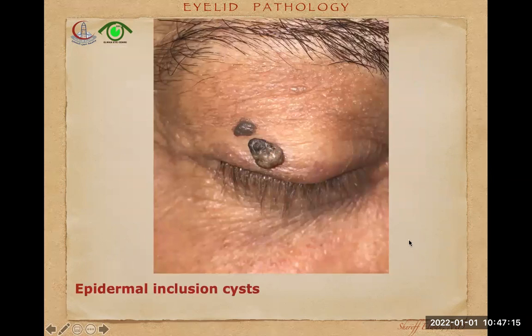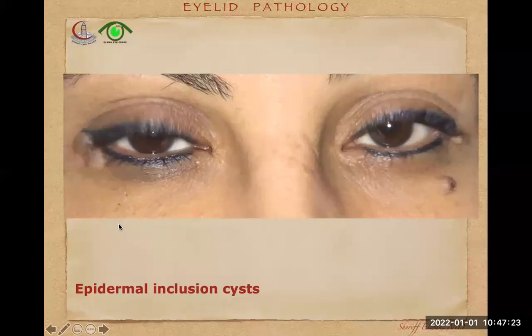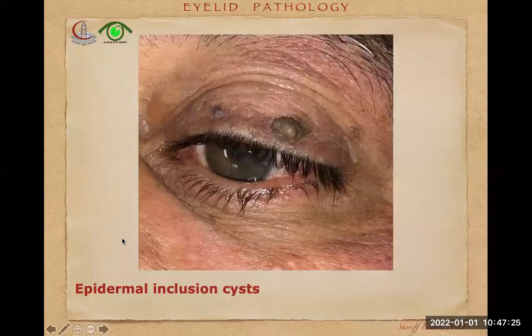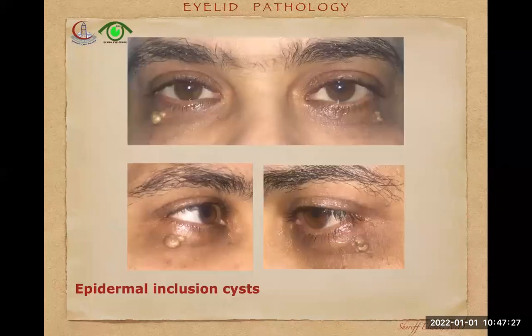They are different from milia, and the difference is in color, size, and they are not usually multiple. These are the epidermal inclusion cysts. As you can see, filled with keratin.